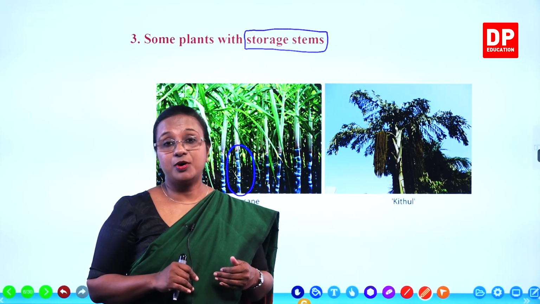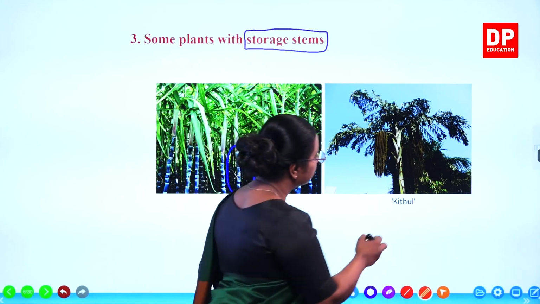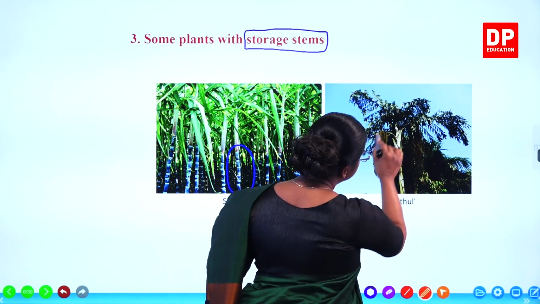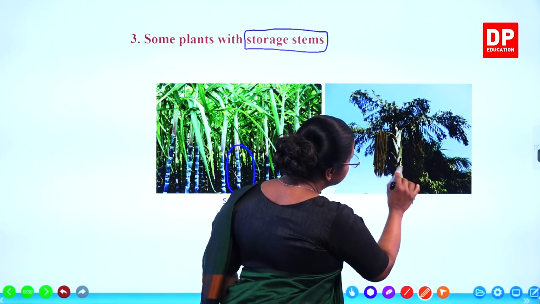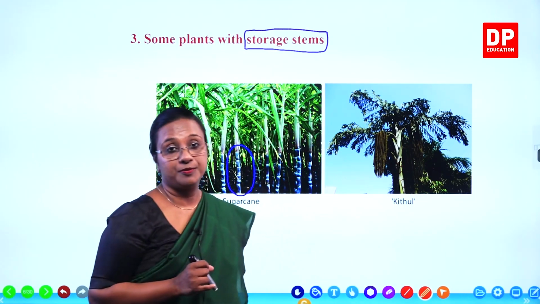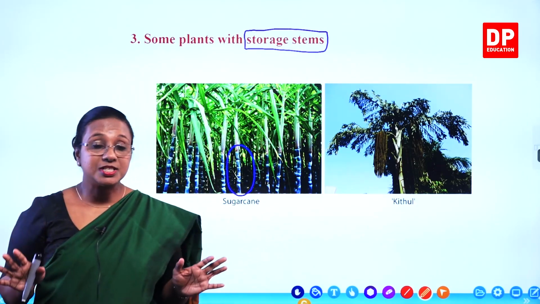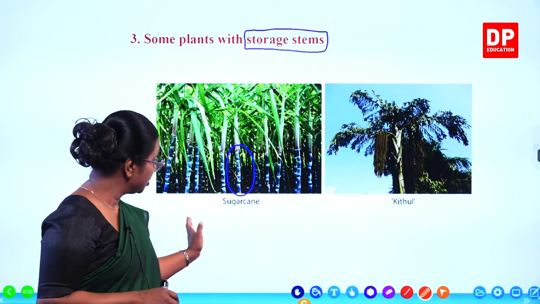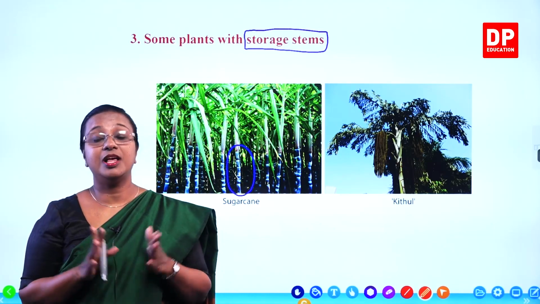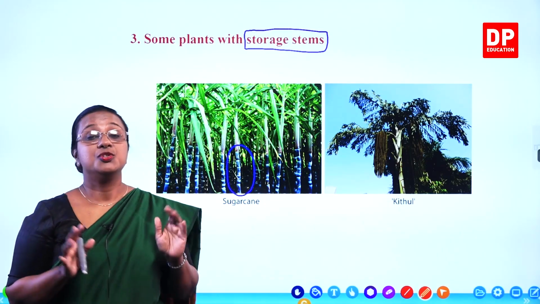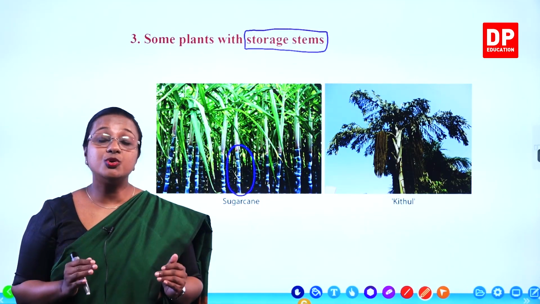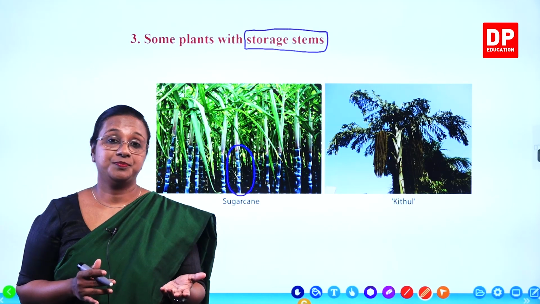How is all that possible? Again because of the stem. The stem stores food. So this is a special type of stem in sugarcane and kitul that stores food, and we call them storage stems.